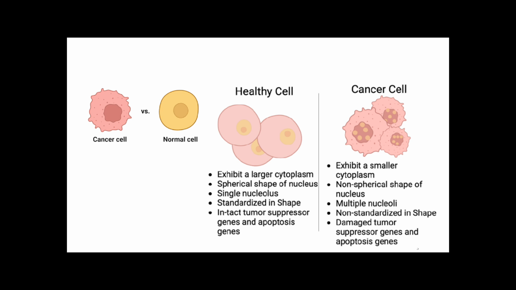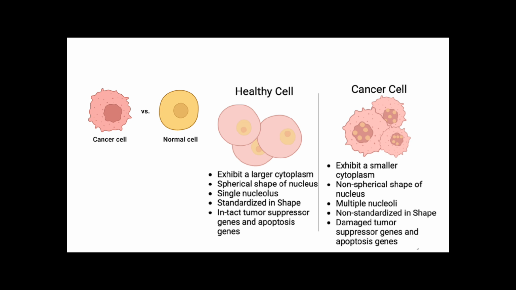But when we consider the normal cell, yellow color, at the center it is the nucleus. It is evenly organized, and we can very nicely observe the shape of the nucleus and the cytoplasm. So here is the comparison between healthy cells and the cancer cells.